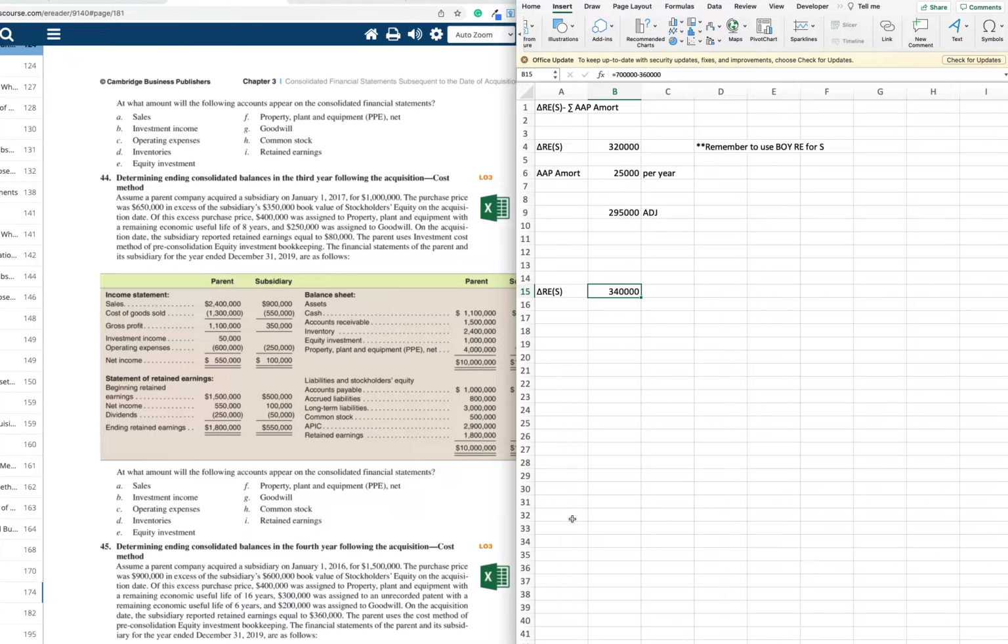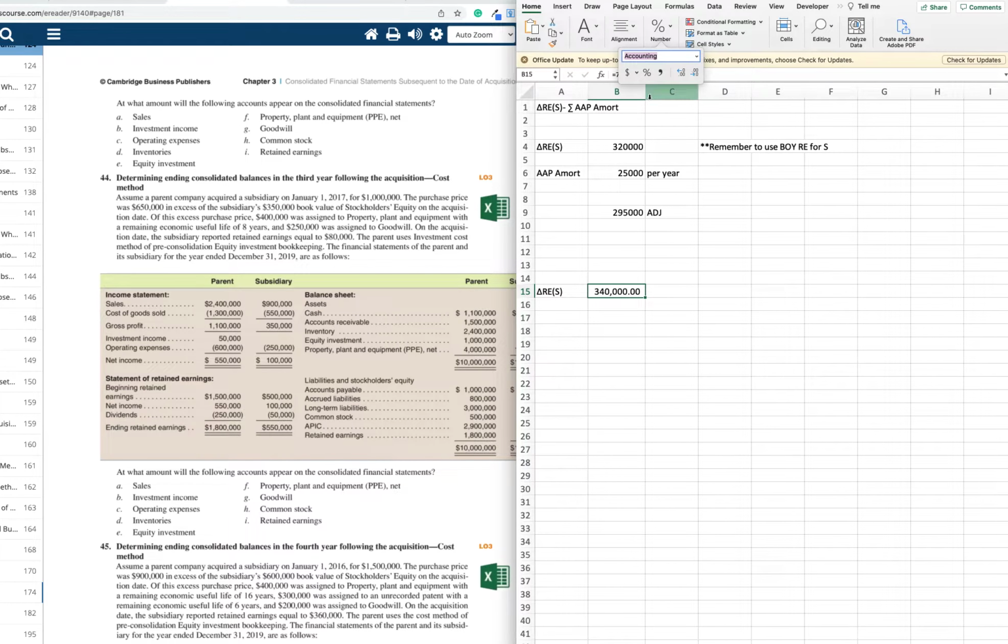And we have 340. Get some commas in these numbers. All right, and then our amortization.